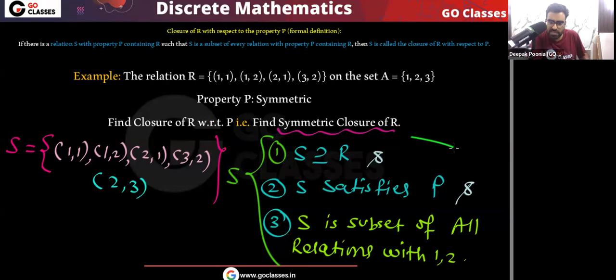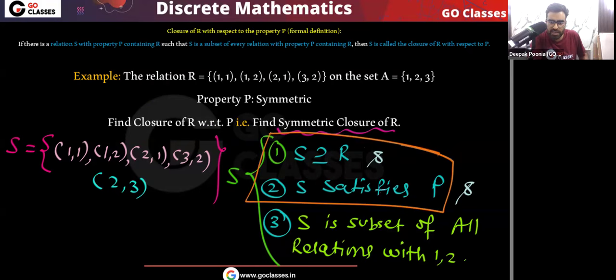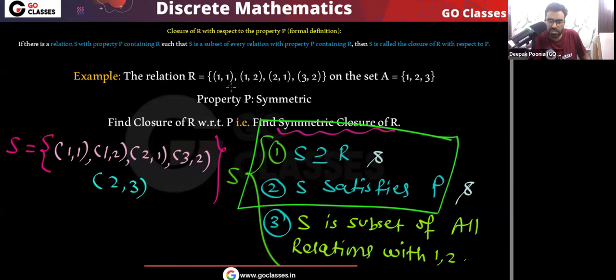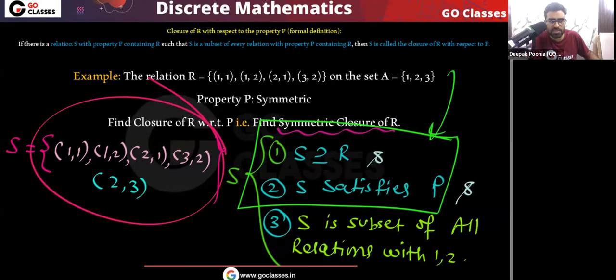If I make any relation which is a superset of R and which has the symmetric property, any such relation you consider, there is a guarantee that this S will be a subset of that relation.